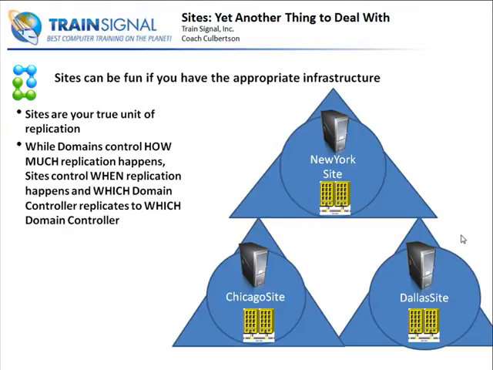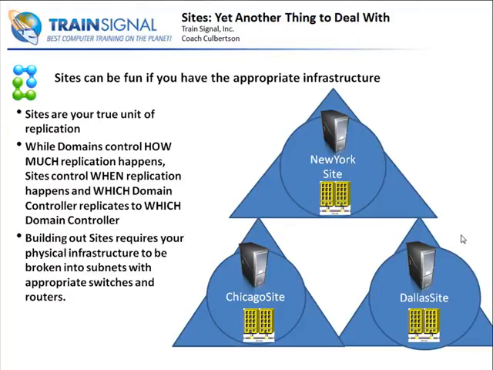Sites do provide you with more control and provide a better representation in your Active Directory database of the physical topology of your network. Now, when you build out sites, it does require your physical infrastructure to be broken into subnets, and you need to have appropriate switches and routers at each particular location where you have an Active Directory site.